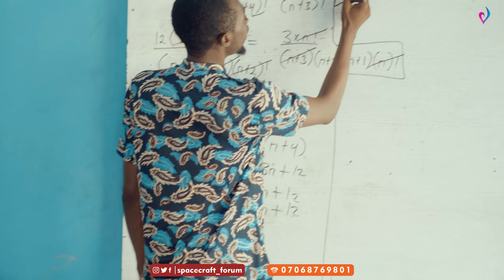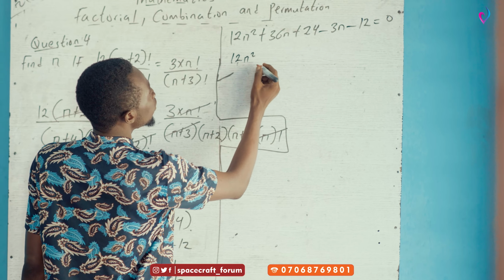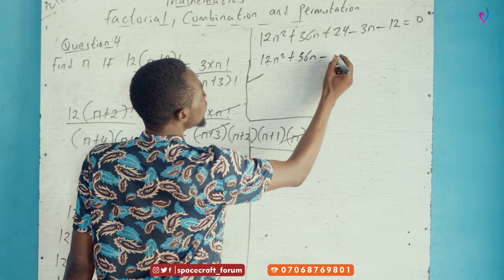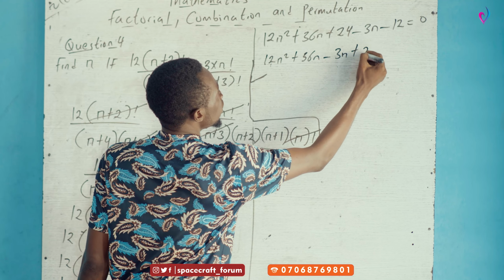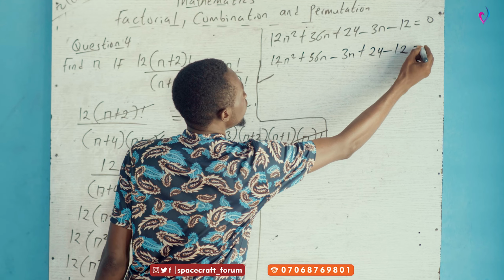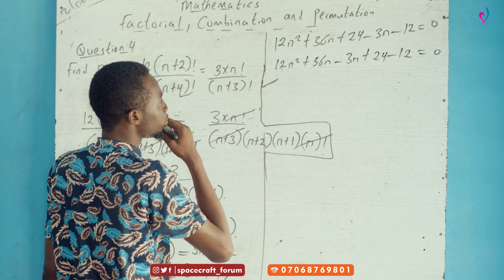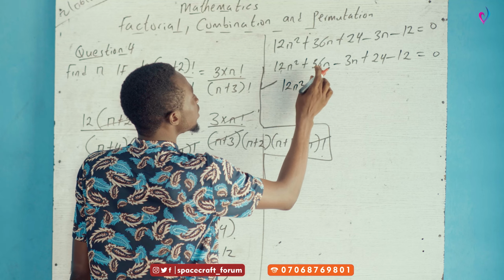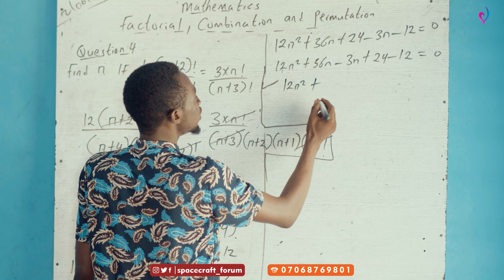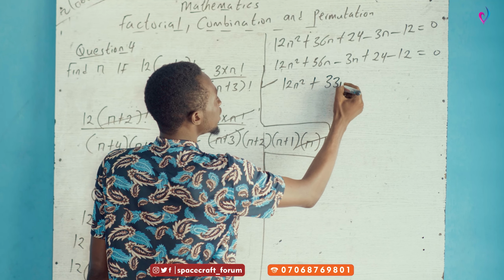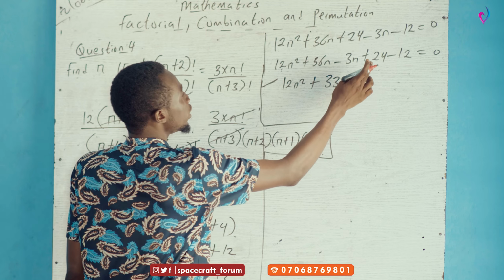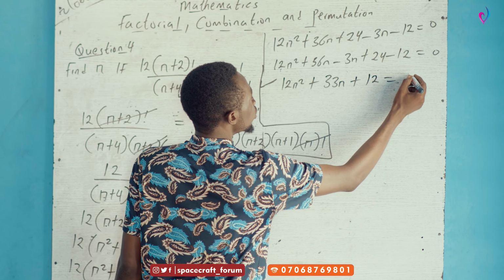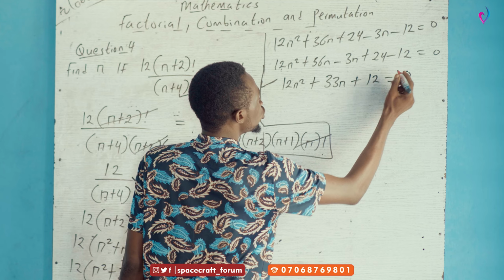From here we have 12n square plus 36n. We can bring this to this side, which is minus 3n plus 24 minus 12 is equal to 0. From here we have 12n square plus 36 minus 3, which is 33n, then plus 24 minus 12 is equal to 12 is equal to 0.